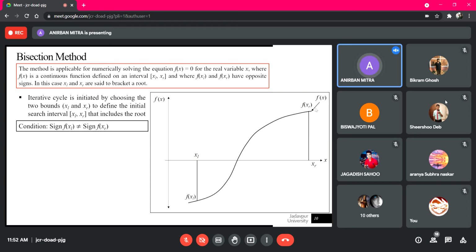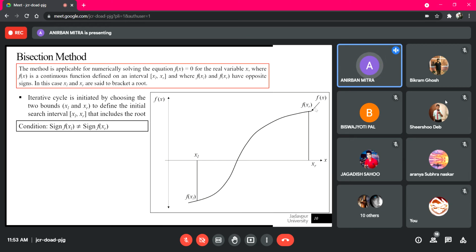What is the condition? The condition is that sign of f of xl cannot be equal to sign of f of xr. If it is equal, obviously, then the intermediate value theorem does not apply. You cannot apply the bisection because possibly there would not be a root in between that interval. So the first step is to choose the appropriate interval.